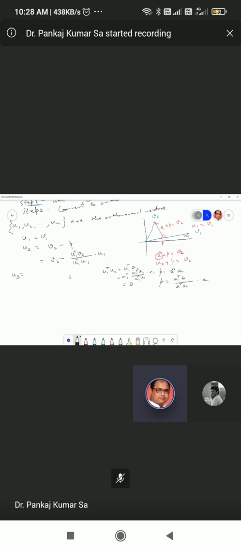That is what we did here. Now U3 has to be found in a similar fashion, that is V3 minus some term related to U1 and some term related to U2. Then only we can find U3.